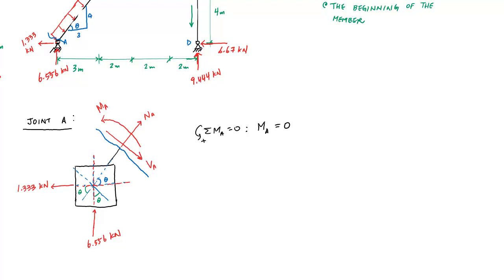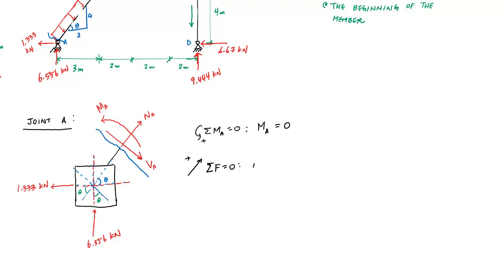One other option is I could align my sum of the forces in this direction parallel to NA. So here, I would say the sum of the forces in this direction parallel to NA equals 0. And what it does is it decouples the equations for NA and VA. So I would have NA alone.